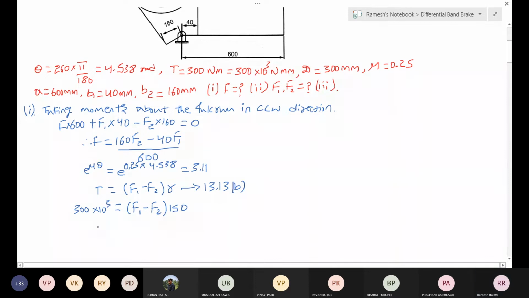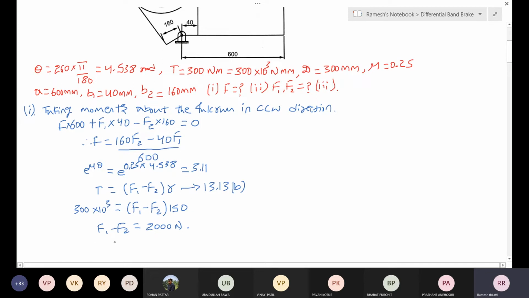Therefore, F1 minus F2 is equal to 300 into 10 raised to 3 divided by 150. That you will get as 2000 Newton.